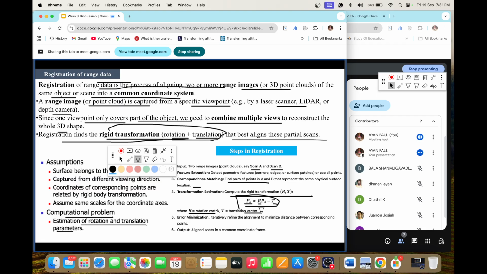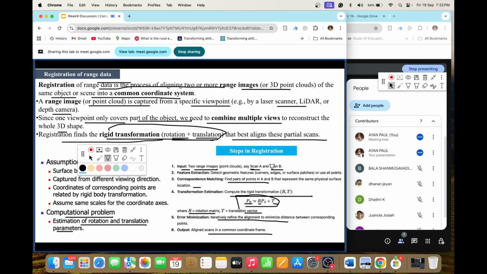First we will do this, and then we will minimize the error, iteratively refining the alignment to minimize the distance between the corresponding points. The output is the aligned scan in a common coordinate frame. Again, if I repeat the steps: first, two range images, say scan A and scan B. Second is feature extraction, that is detect geometric features, corners, edges, surface patches, or use all points.